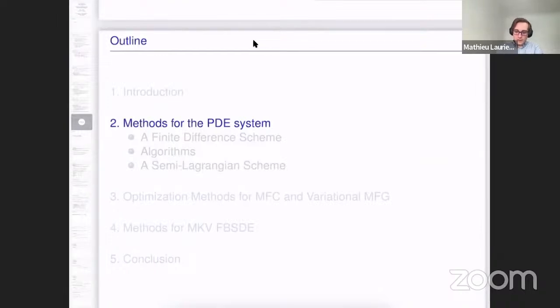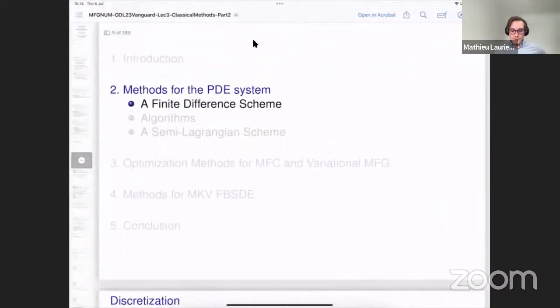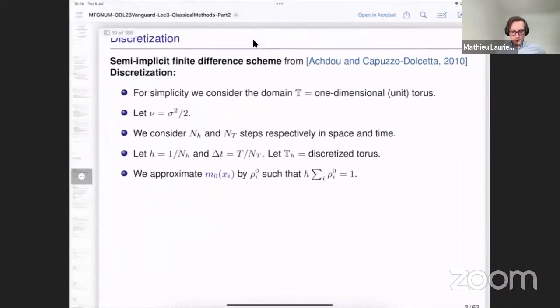So the first step here, I clearly distinguish, you see, a finite difference scheme and then algorithms for this finite difference scheme. I will follow the scheme introduced by Achdou and Capuzzo-Dolcetta, and then reused and extended in several works.